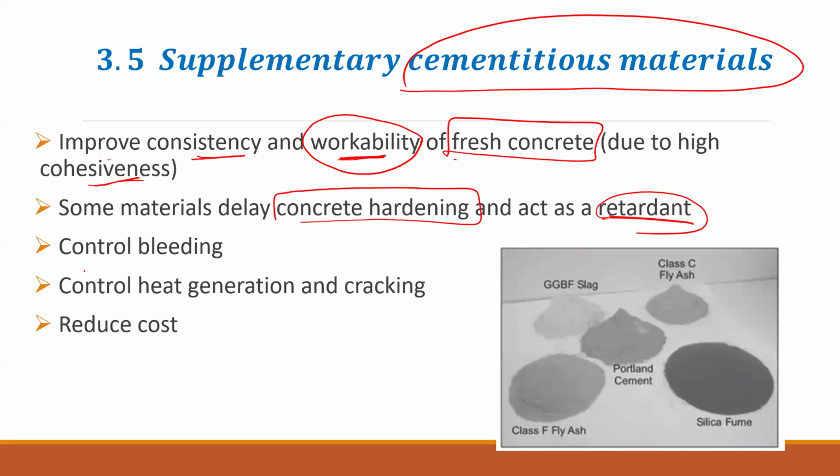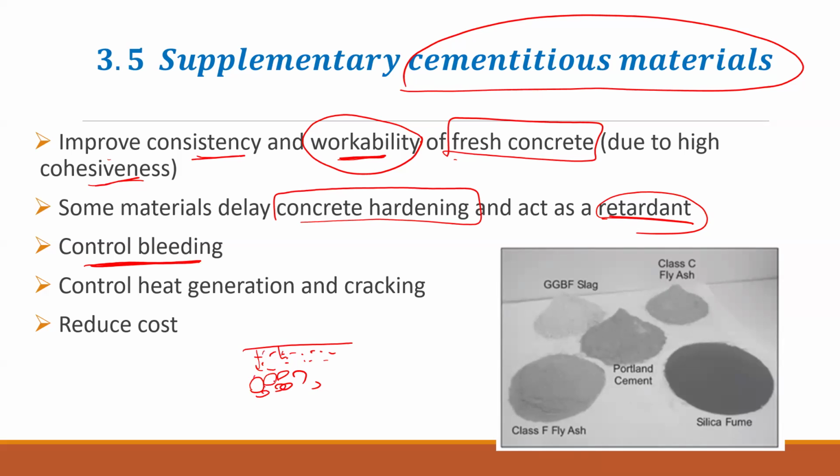And it controls bleeding. Bleeding is when you pour the concrete, and if you don't have a correct mix design, the aggregates will go to the bottom and just the cement and water will stay at the top. We call this bleeding, and it is not a good thing.